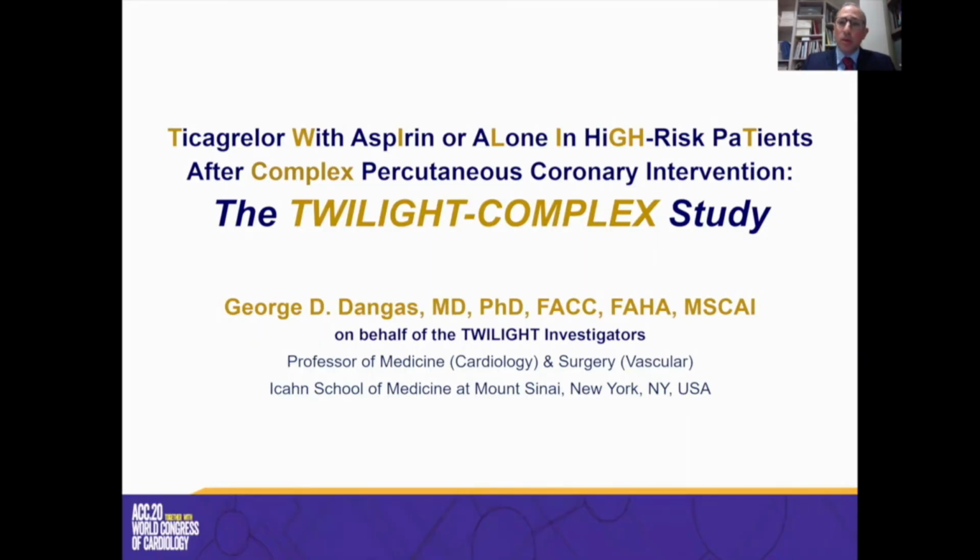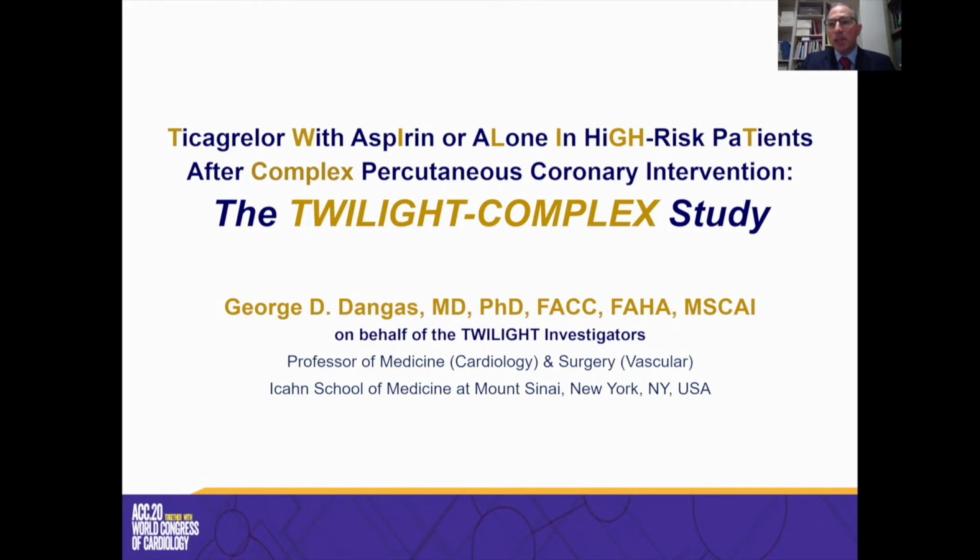Now, an alternative to de-escalation, although it's really not the true concept of de-escalation, since I'm not going from a more potent to a less potent P2Y12 inhibitor, but yes, considering a reduction in antithrombotic agents, is that of stopping aspirin.